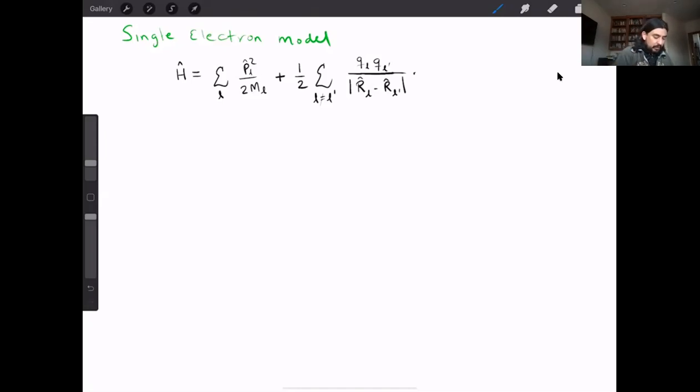So very simple, but only 10 to 20 particles can be solved this way in a supercomputer. And how many particles do you have in an actual solid? Well, you would need a computer that can solve about 10 to the 23 particles if you wanted to calculate a chunk of material.